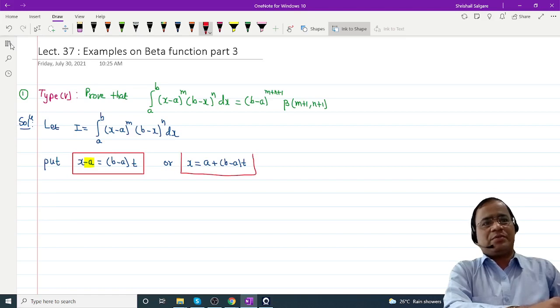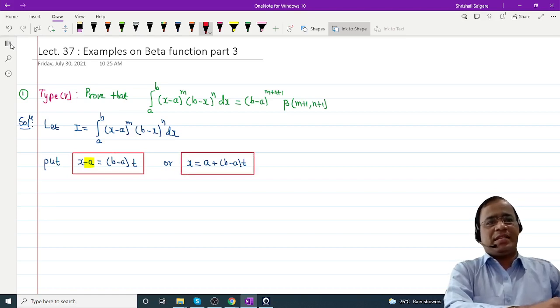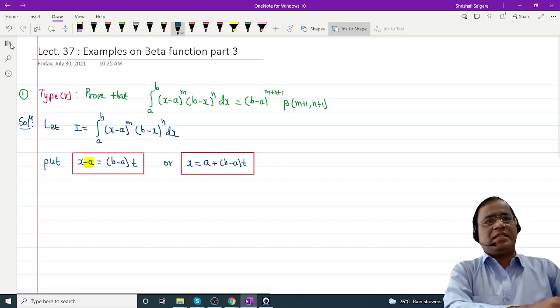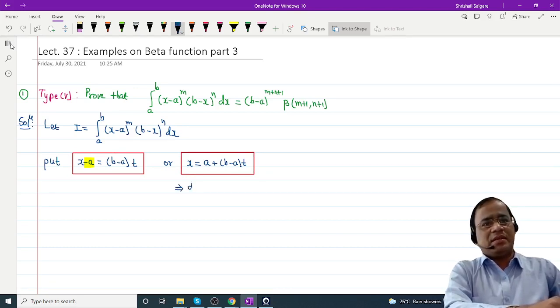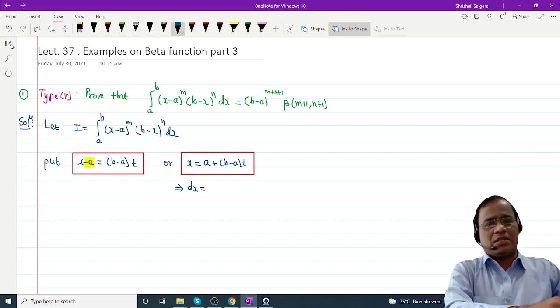Actually our substitution is x in terms of t, that is the second part. So if this x is your substitution, then what is dx? Differentiate both sides. dx is given by: the first term is constant, that is a, its derivative is 0. For the second term you write b minus a as it is, and the differentiation of t is dt.